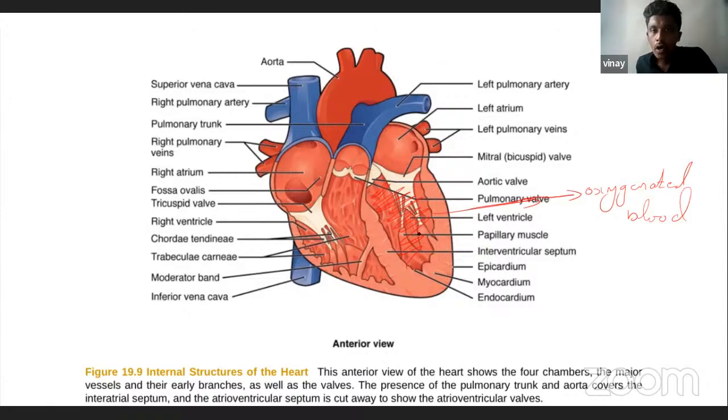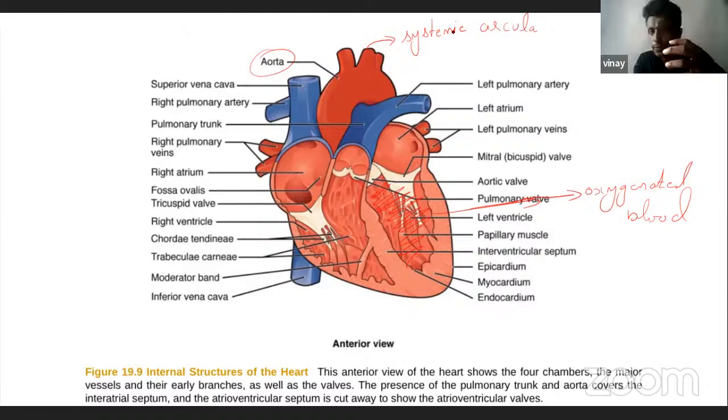The blood gets pumped through the aorta, and through the aorta it goes into systemic circulation. The blood from your left ventricle, which is oxygen rich, once it contracts, goes for systemic circulation through the aorta. So, what is systemic circulation?